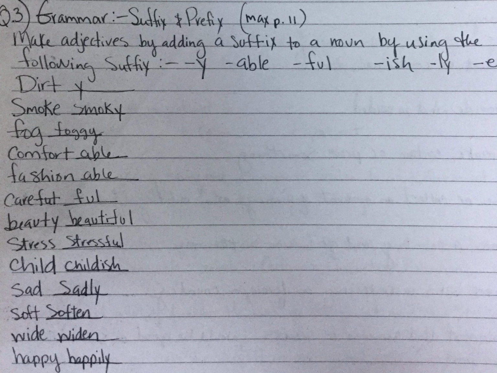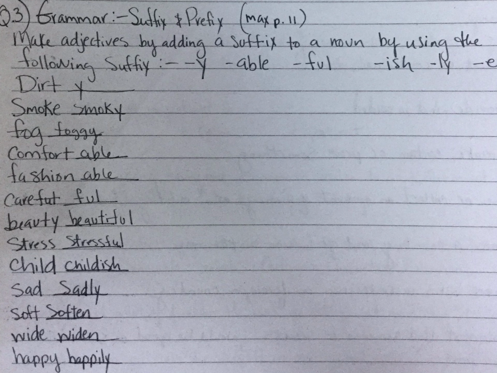And then here we have the prefix and suffix, page 11. So make adjectives by adding a suffix to a noun by using the following suffixes: y, able, ful, ish, ly, or e. So dirt becomes dirty, smoke becomes smoky by adding a y.